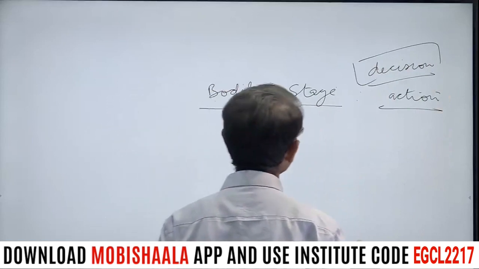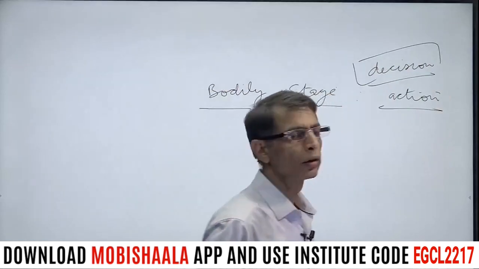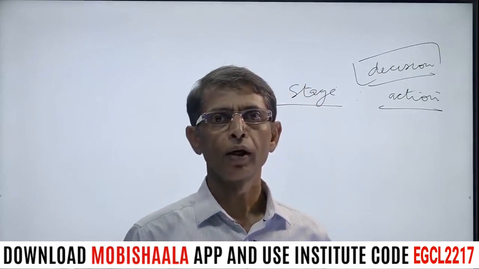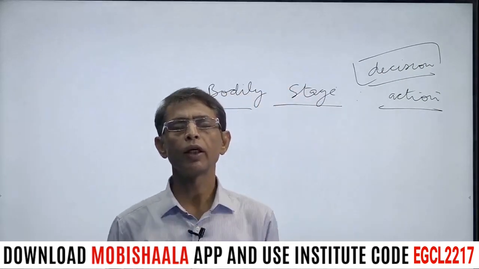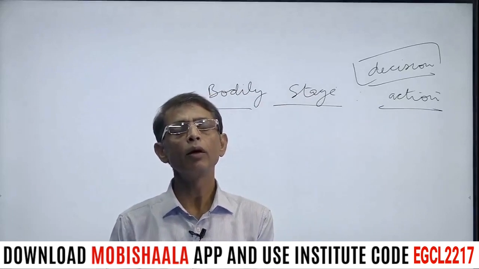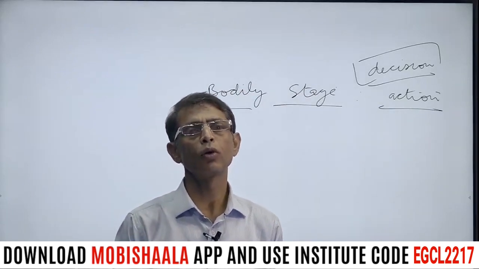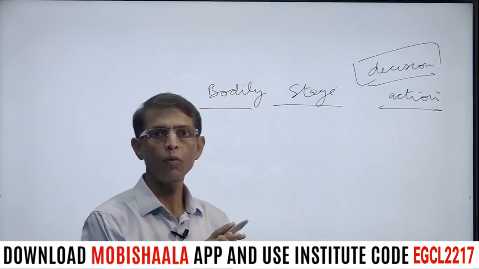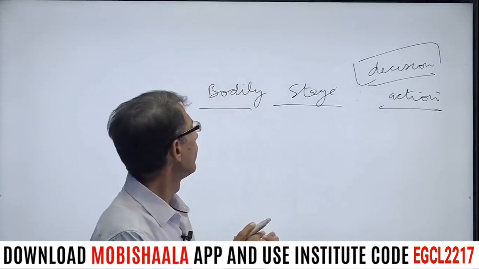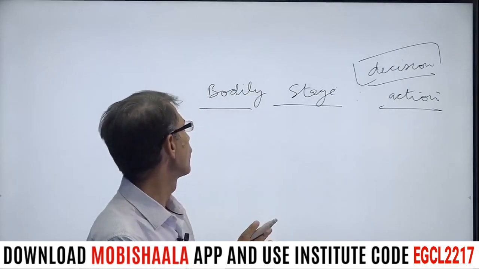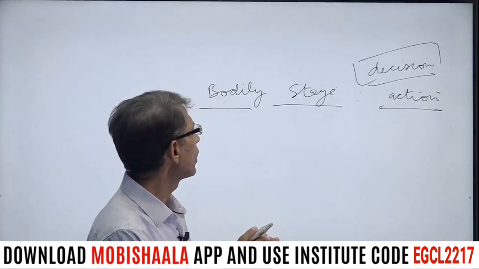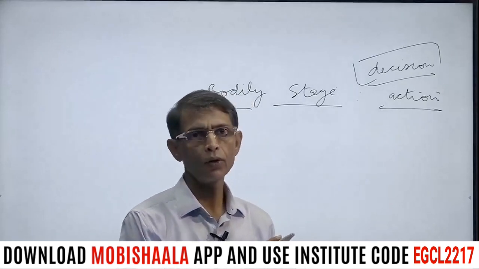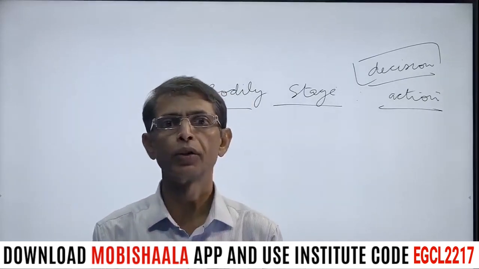Then the body takes the action immediately. Once it is decided on the mental level, then the body performs. Then the performance of the body begins, and that's a matter of decision. But if the decision is taken and it is postponed, that's the kind of resolution. Then there will be no action.